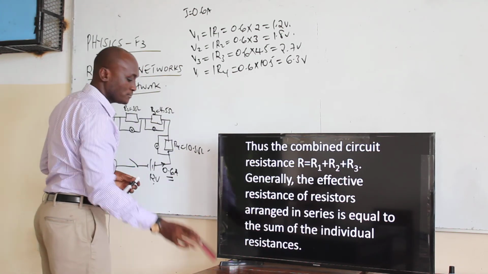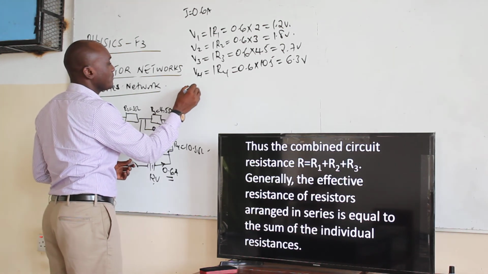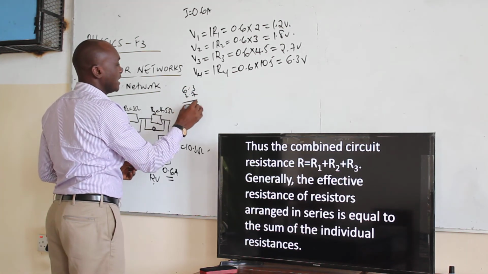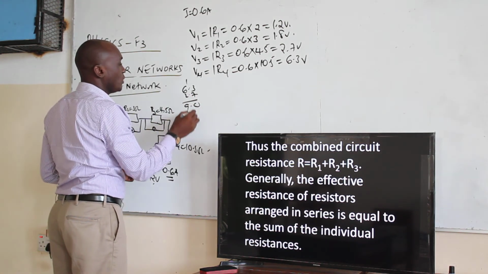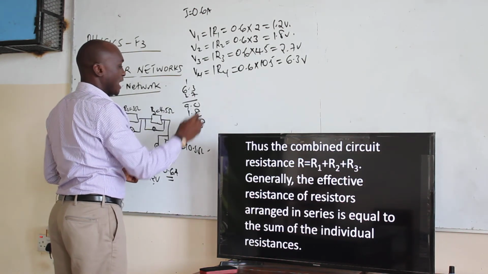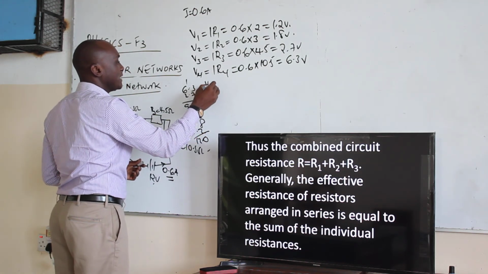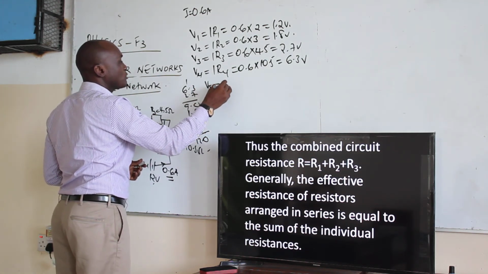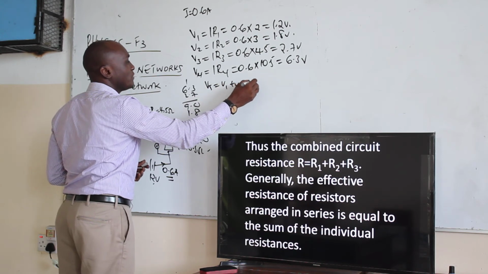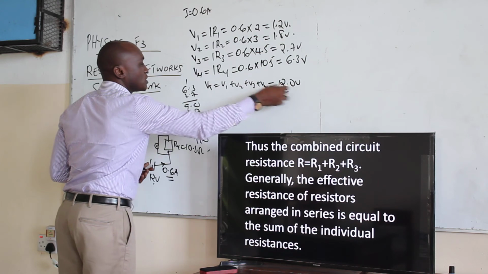When we take 6.3 plus 2.7, this gives us 9. When you take 9 plus 1.8, this gives us 10.8. And when you add 1.2, this gives us 12. So total V is V1 plus V2 plus V3 plus V4, which gives us 12.0 volts.